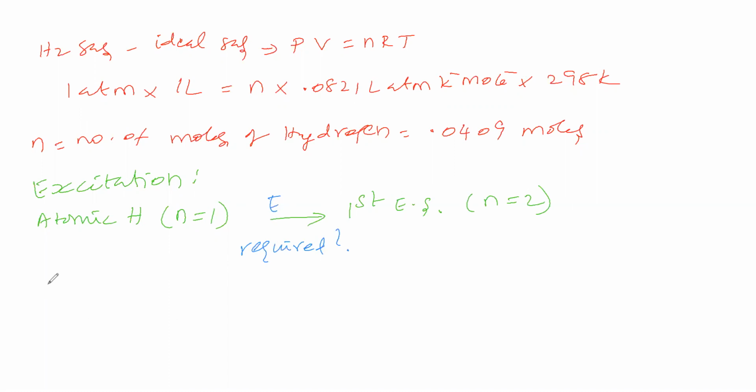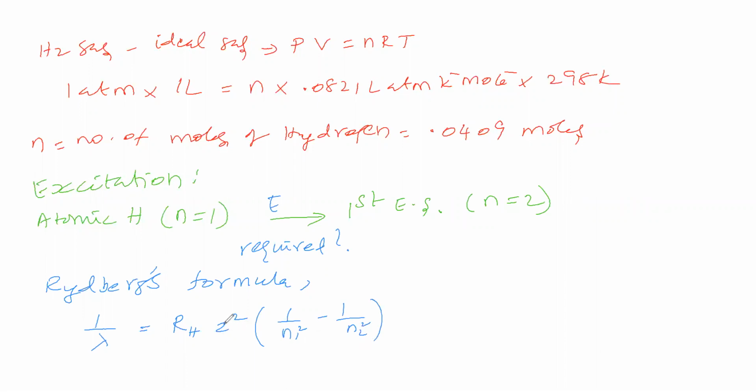Now we will take Rydberg's formula for this: 1 by lambda is equal to RH into Z square into 1 by n1 square minus 1 by n2 square. Now we will convert this in terms of energy. 1 by lambda means wave number. We will convert this into energy, so multiply both sides by hc.